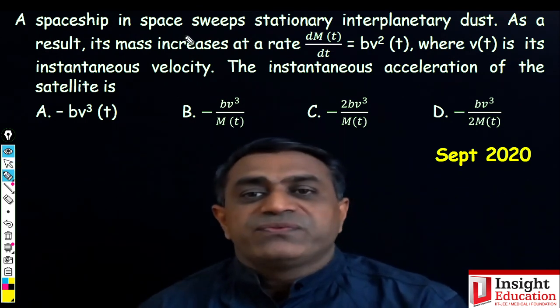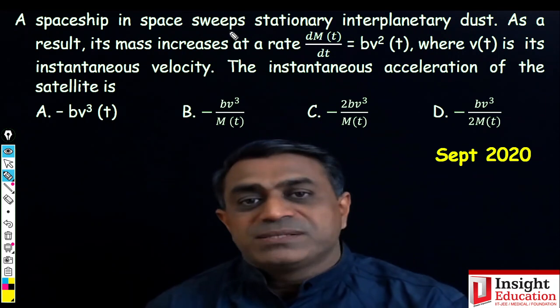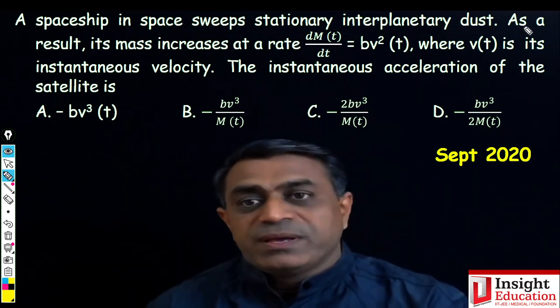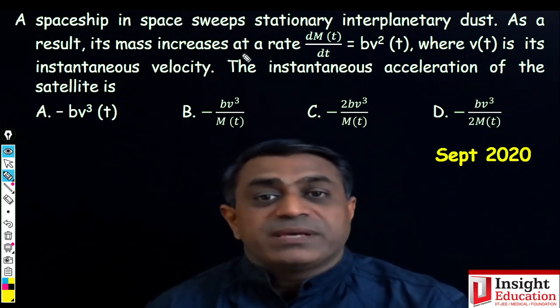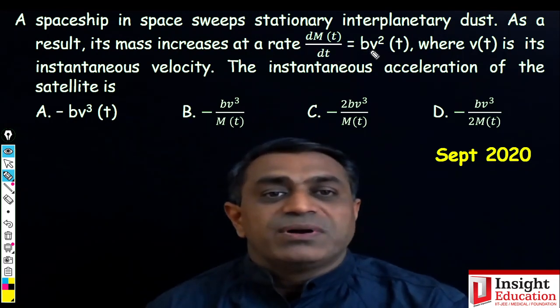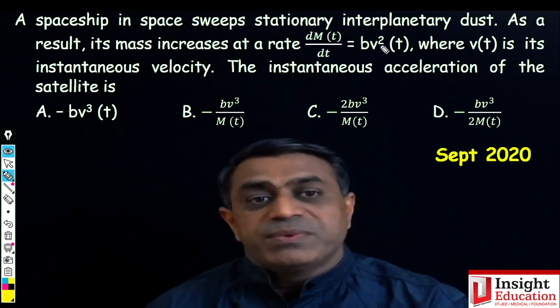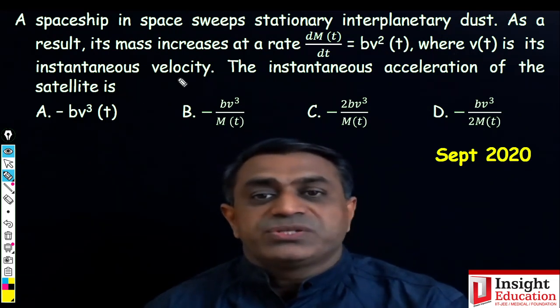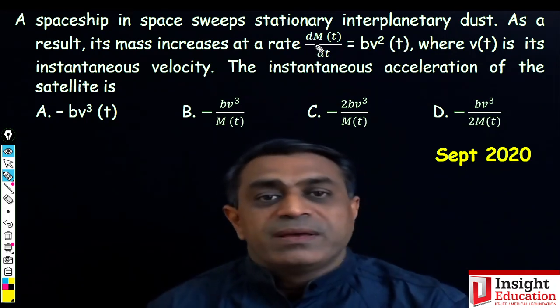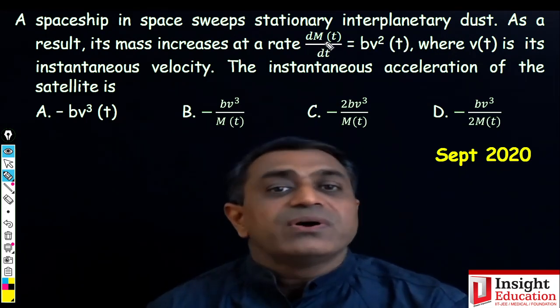A spaceship in space sweeps stationary interplanetary dust. As a result, its mass increases at the rate of dm by dt is equal to b v square t. It means v(t) is the instantaneous velocity, so velocity is a function of time, and mass is also variable.